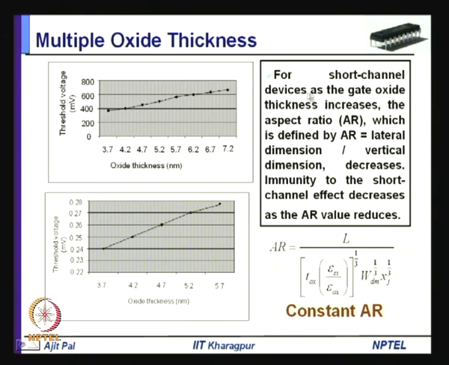For short channel devices, as the gate oxide thickness increases, the aspect ratio, which is defined as lateral dimension by vertical dimension, decreases. This is a problem particularly in short channel devices.